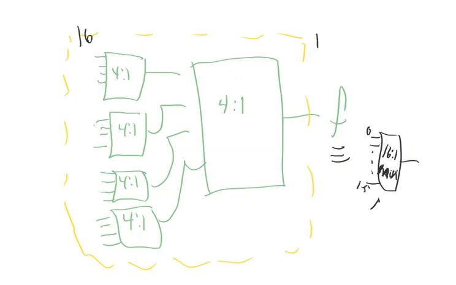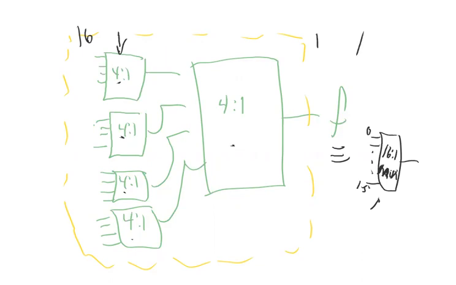So we've been able to construct a 16-to-1 multiplexer with 1, 2, 3, 4, 5 4-to-1 multiplexers. The first stage required 4 because each one of the 4 multiplexers had 4 inputs.